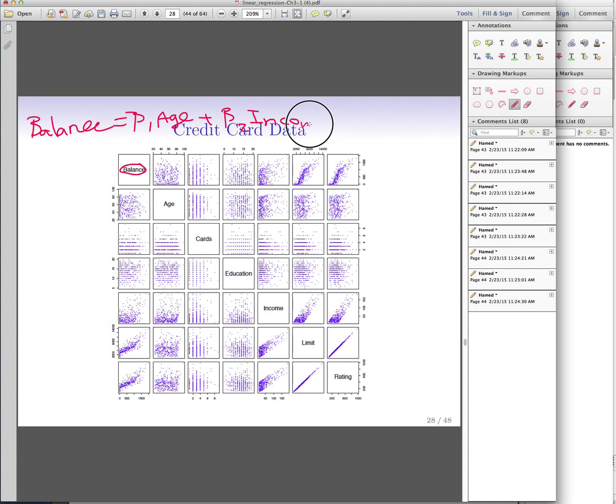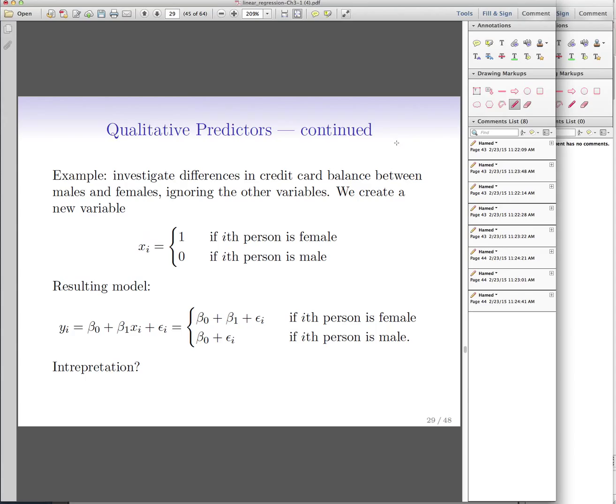And now we want to somehow capture the relationship to gender, ethnicity, and so on and so forth. It turns out it's very easy to deal with qualitative variables. We can just use something called dummy variables.